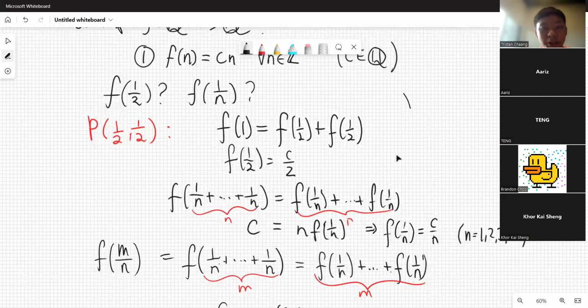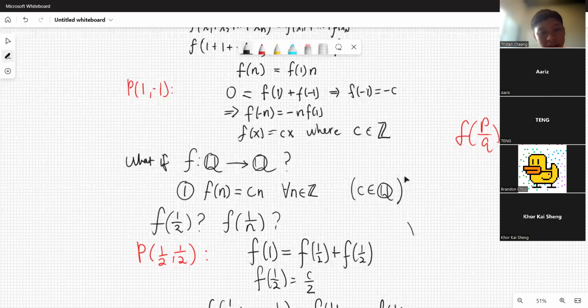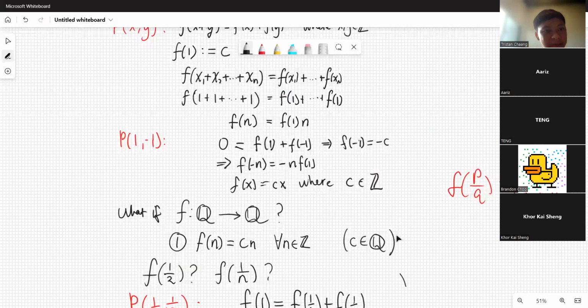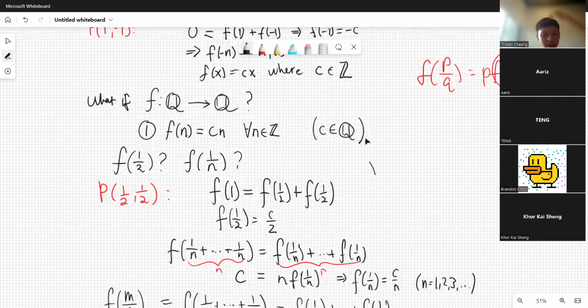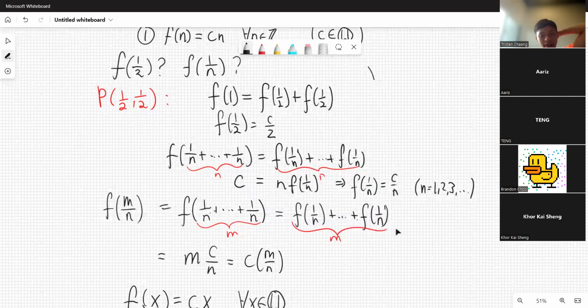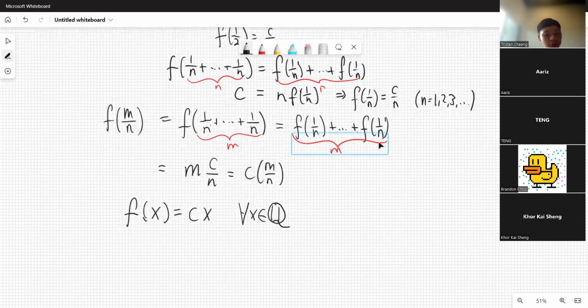So yeah, still not a very difficult problem if we level up the domain and codomain to Q. But the thing is, we get into trouble when we want to extend this concept to real numbers, because in this equation we manage to access every single rational number by just repeatedly doing addition or multiplication and division by integers, right?